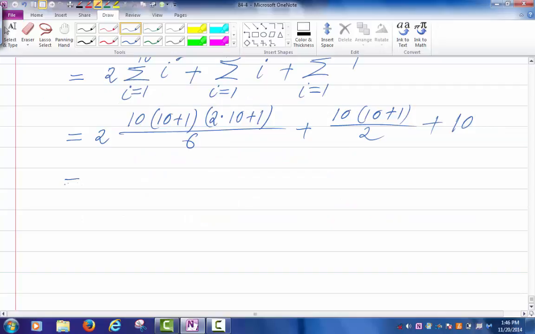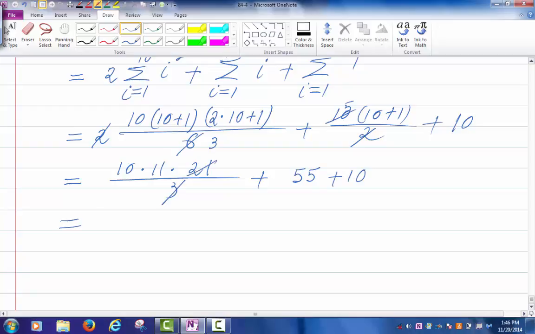Okay, so what is that? 2 and 6 reduces to a 3 in the denominator. I have 10 times 11 times 21 over 3. And this would be 5 here, and 5 times 11 would be 55, plus a 10.